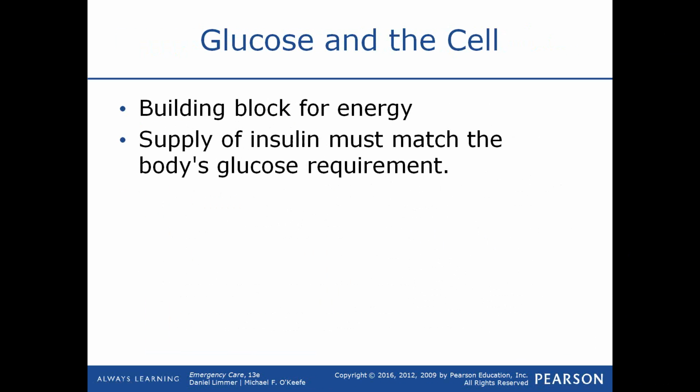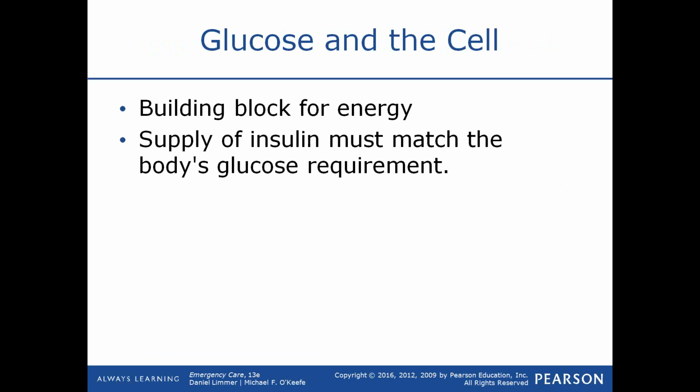Glucose is, of course, the main substance the cell needs in order to make energy. And glucose cannot get into the cell by itself. Glucose is a little larger molecule. It needs some help being transported from the blood into the cell.